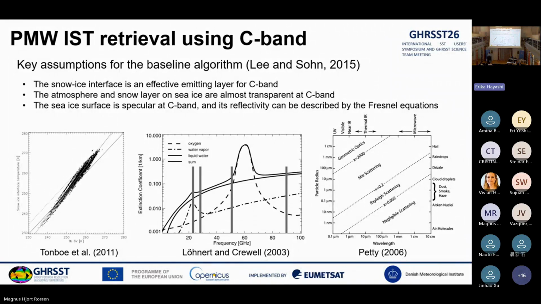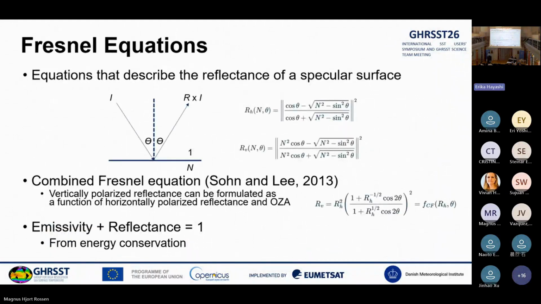The last assumption is that the sea ice surface is specular at C-band, which means the sea ice surface is very smooth at lower frequency, and its reflectivity can be described by the Fresnel equation. I guess most of you know the Fresnel equation, but in short, it describes the reflectance of a specular surface, and the equations are given on the right-hand side.